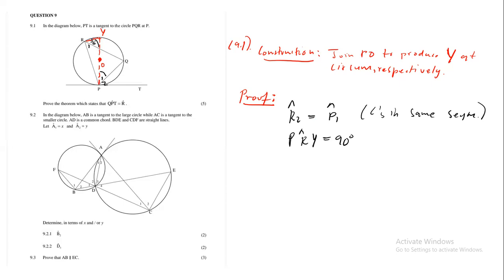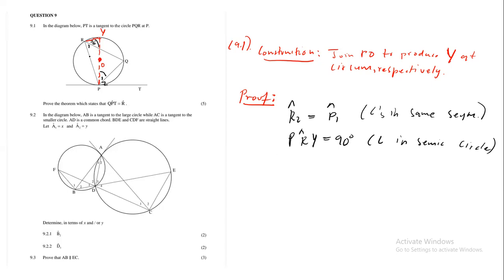Why am I saying this angle is equal to 90 degrees? Because it is an angle in a semicircle, which is subtended by the diameter that passes through the center.